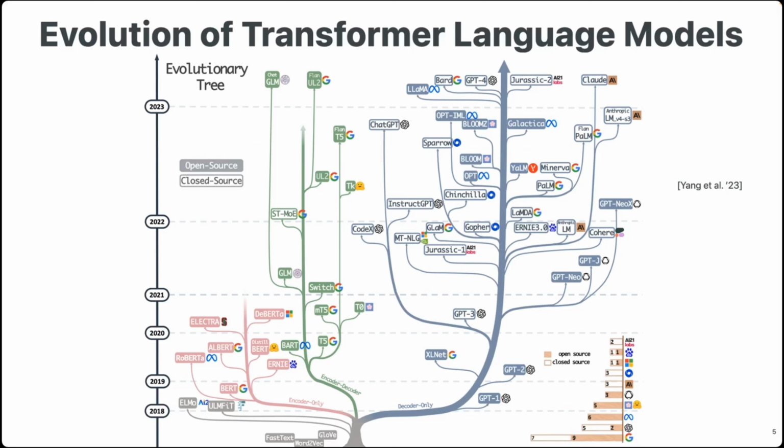But after the introduction of GPT-3, as of 2021, you can see there's a bloom of models. There are a whole bunch of decoder-only models that appeared after 2021, and this is really thanks to the efforts from OpenAI. They have been very determined to push in this direction.